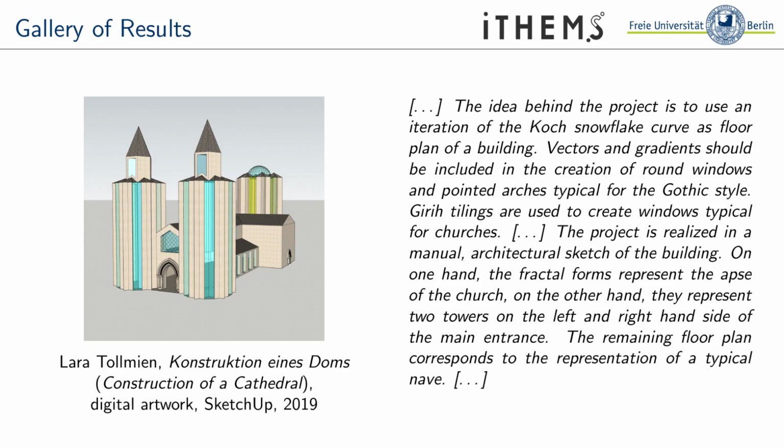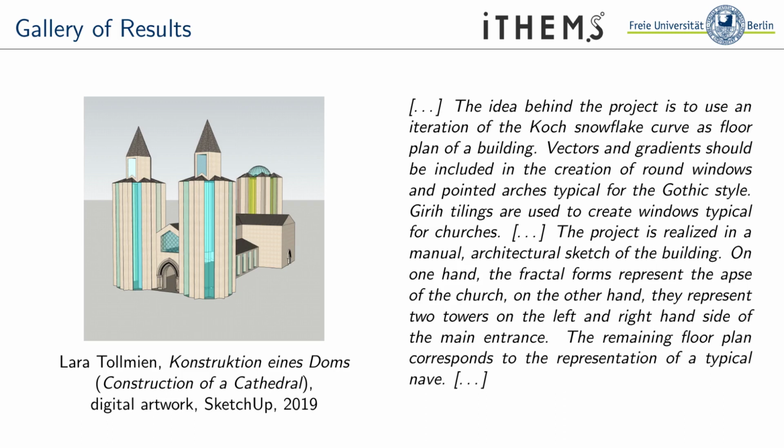Vectors and gradients should be included in the creation of round windows and pointed arches typical for the Gothic style. Girih tilings are used to create windows typical for churches. The project is realized in a manual, architectural sketch of the building.